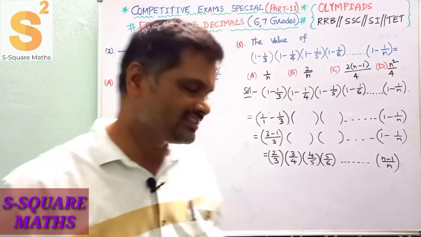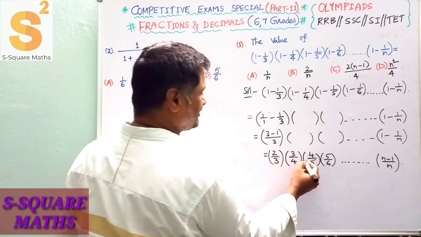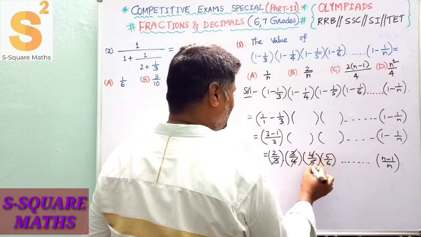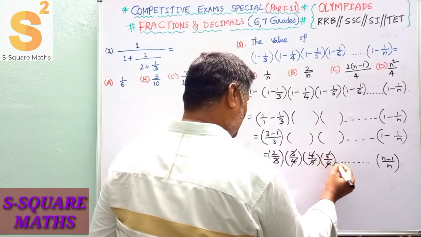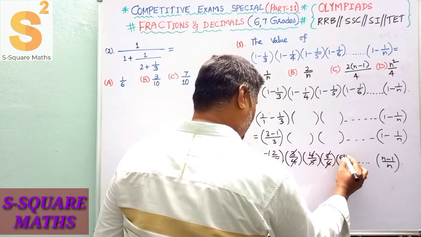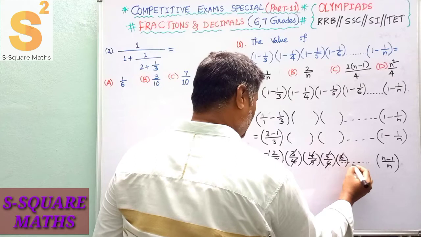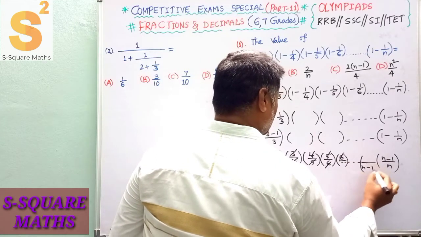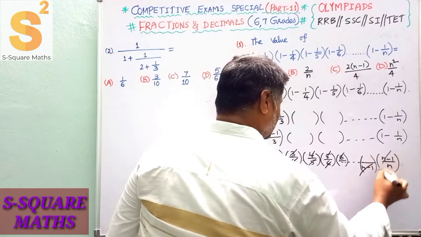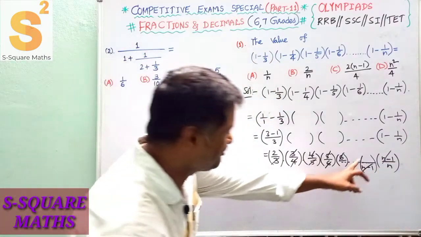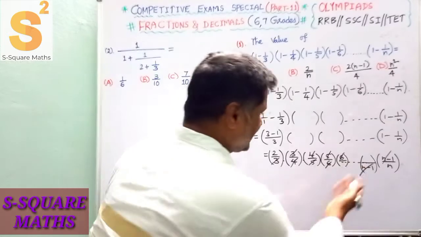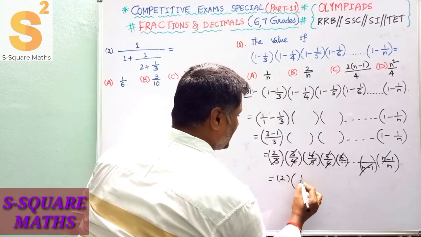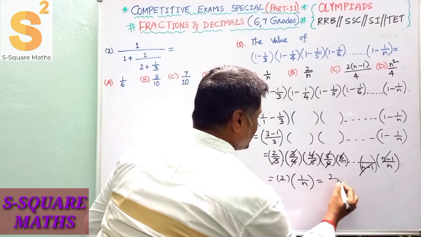Now since the operation between them is multiplication, the 3s, 4s, 5s cancel, 6 will be here and 6 will be here by 7, whatever it may be, and here n minus 1 will be cancelled out. Whatever it may be, the numerator and denominator will cancel out. So the leftover is 2 into 1 by n, nothing but 2 by n.